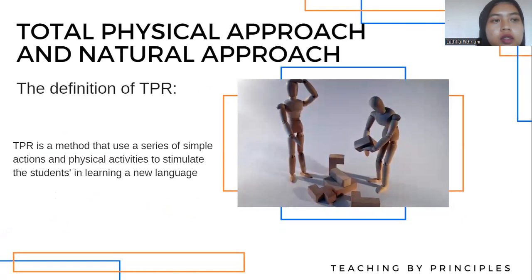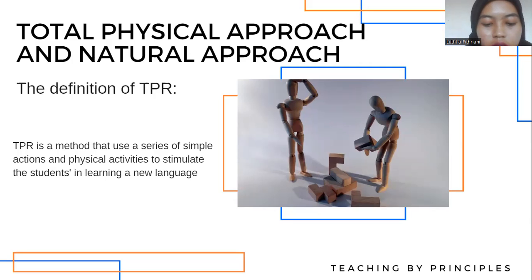The next method that became popular in the designer era is total physical response, or total physical approach, and natural approach. Total physical response was formed by James Asher, 1977, and it was inspired by the series method, which stated that a new language could be gained by a series of simple actions.